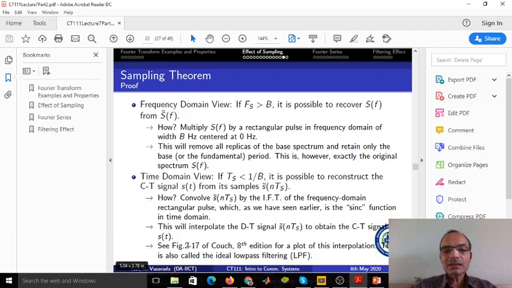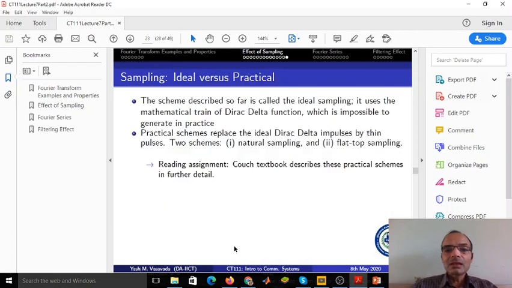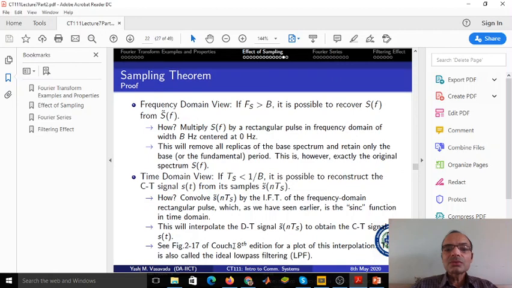And there is a nice diagram of this operation in the textbook by Couch. So I suggest that you go and look at this diagram. So that is called the sampling theorem, and that allows us to appreciate the very first block of analog to digital conversion.